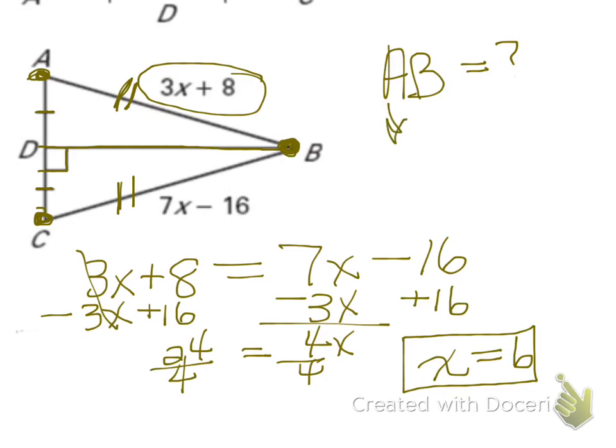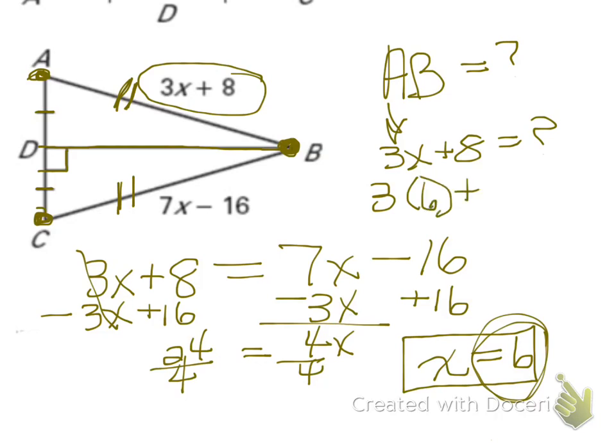I plug in 6 wherever I have an x, which makes that a multiplication. 3 times 6 is 18, plus 8 more gives me 26, and that is my answer for AB. Okay? So make sure you understand that, and we'll move on to question number 5.